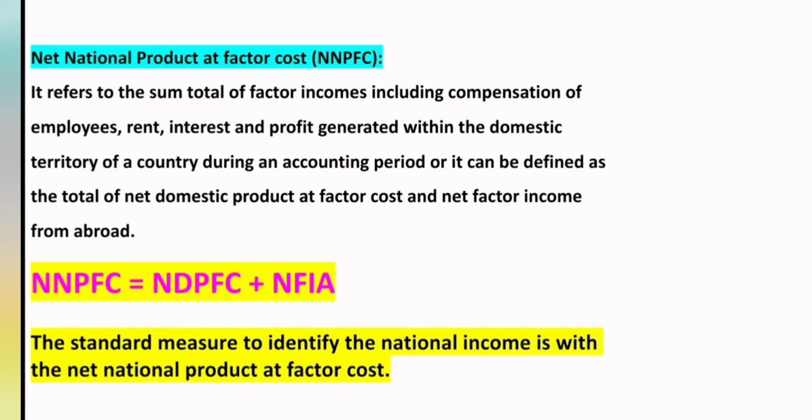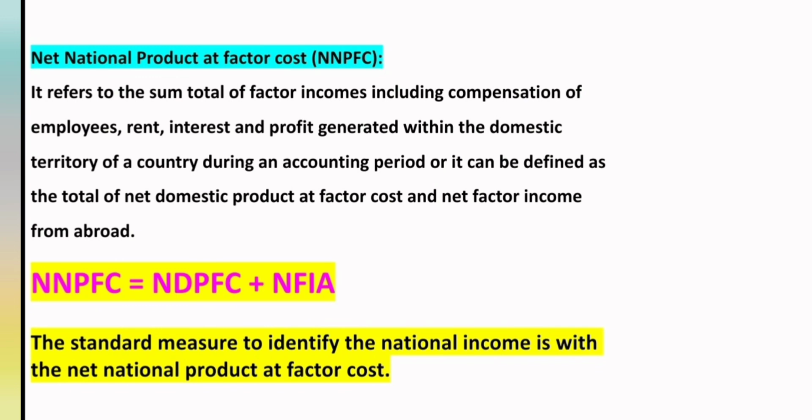Next is the standard measure to identify national income, that is net national product at factor cost. This is the final concept of measuring national income or the standard measure. It refers to the sum total of factor income including compensation of employees, rent, interest and profit generated within the domestic territory of a country during an accounting year, or it can be defined as the total of net domestic product at factor cost and NFIA.